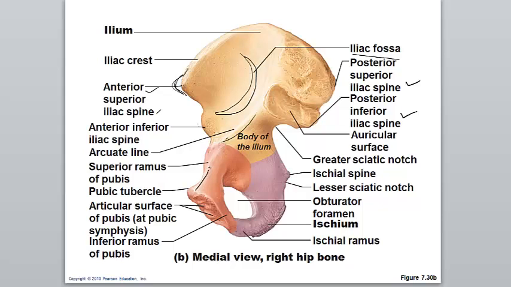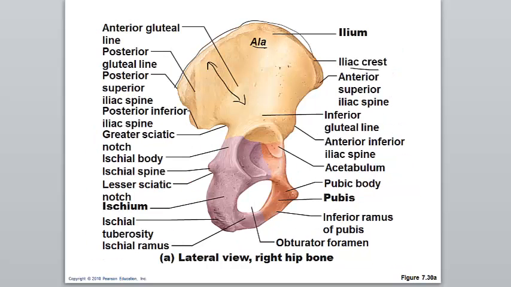You see the pubic bone over here, and it continues backwards to the sacrum as well. Then it goes around to the left side, because this is the right hip bone, and joins over here at the pubic symphysis. So that's the arcuate line. It's a very important structure. We'll talk about it later. That is your ilium.